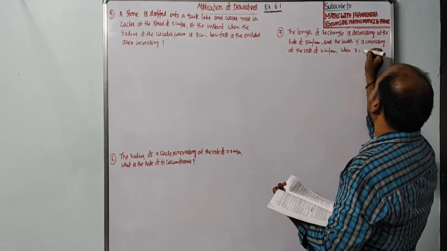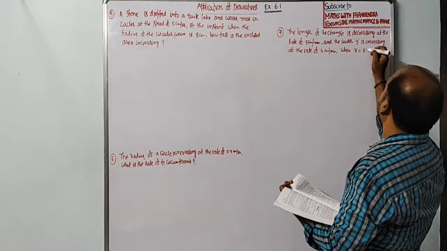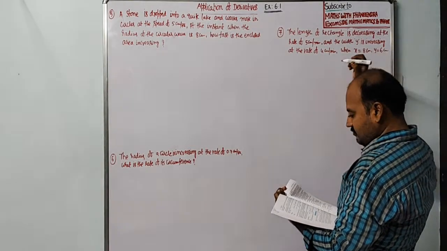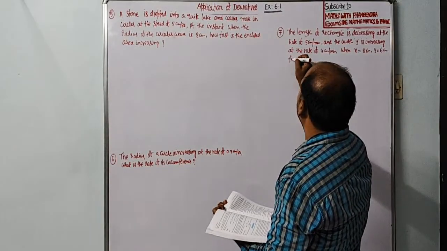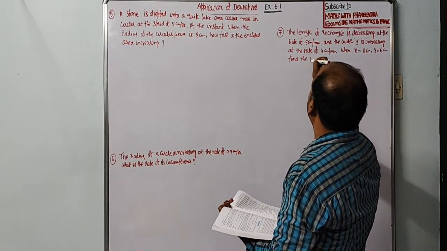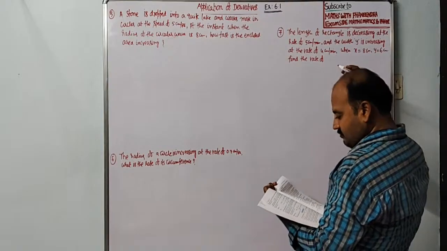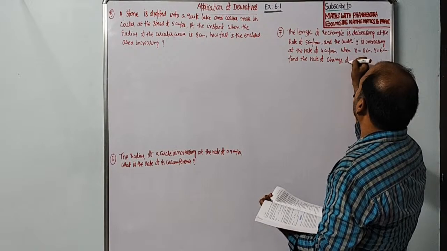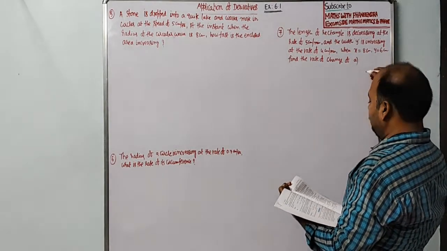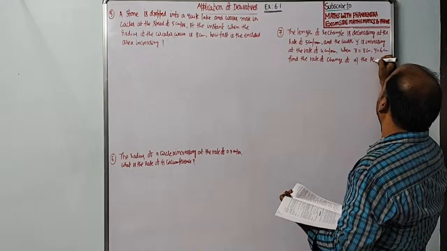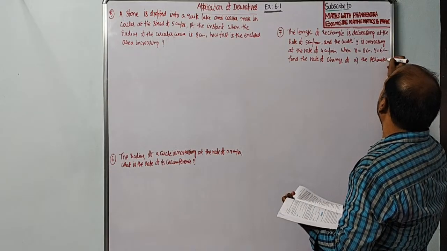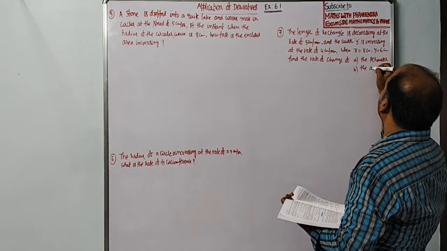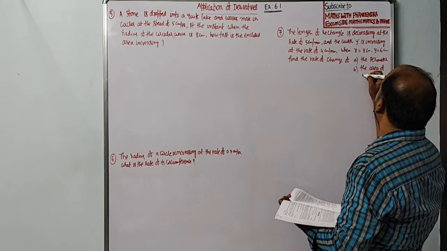When x is equal to 8 centimeter and y is equal to 6 centimeter, find the rate of change of first one, the perimeter. Question number B, the area of the rectangle.